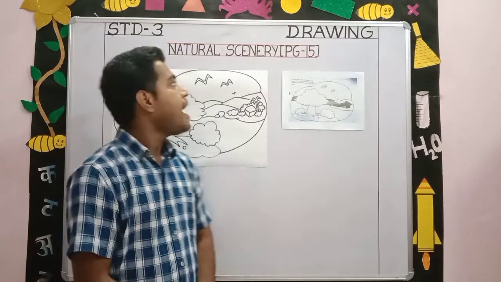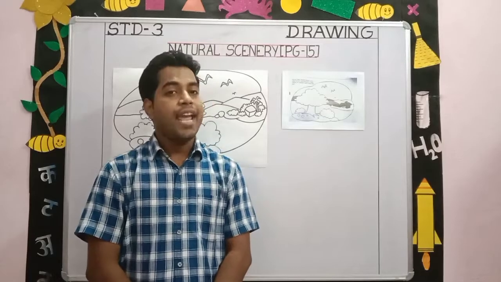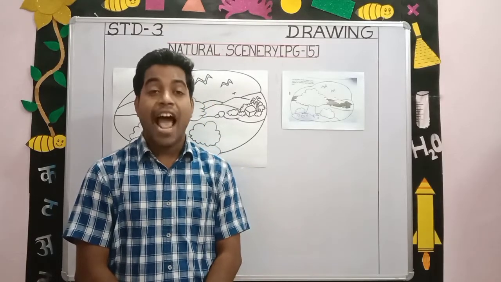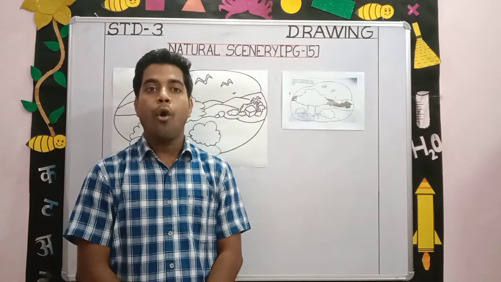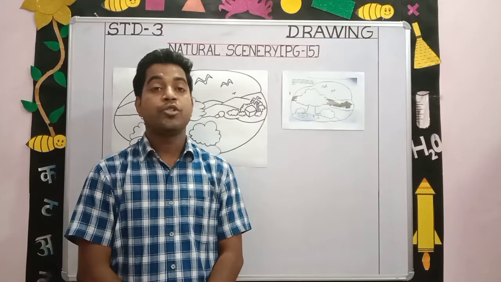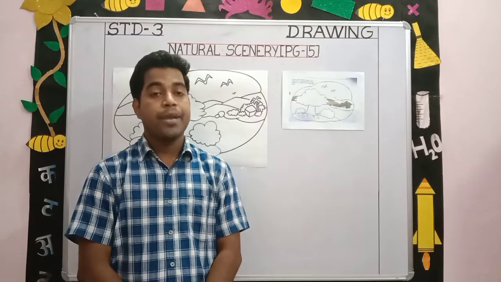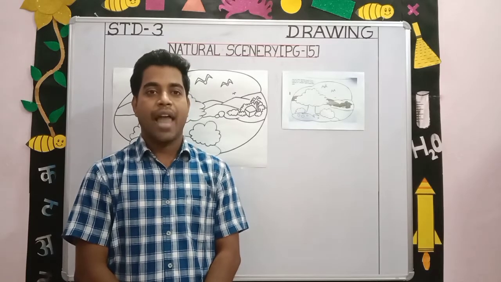So if we combine these two words, we get that any kind of view which is natural can be called natural scenery, children. Looking at all these natural scenes, we always come to a realization that God is a supreme power, and by his blessing we all are existing on this planet.